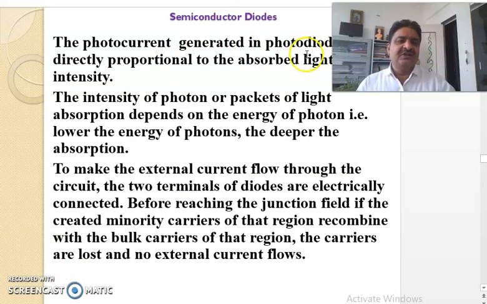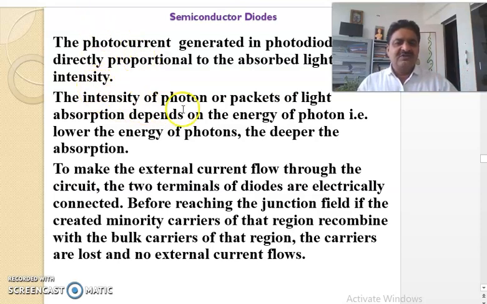The photocurrent generated in a photodiode is directly proportional to the absorbed light intensity. Current generated in the photodiode is proportional to absorbed light intensity. If the light intensity absorbed is more, more photocurrent is generated.